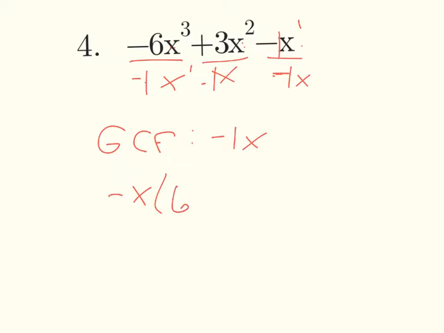Take 1 away from 3, that's 6x squared. -1 from 3, that's -3. Take 1 away from 2, that's -3x. And let's take our -x out of all of it. There's nothing left there. Negative divided by negative, that's a +1.